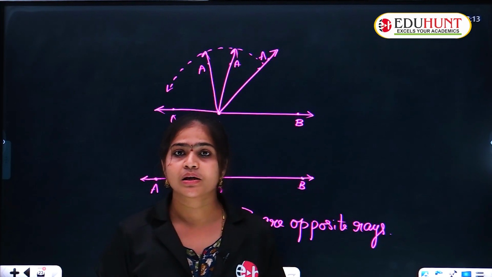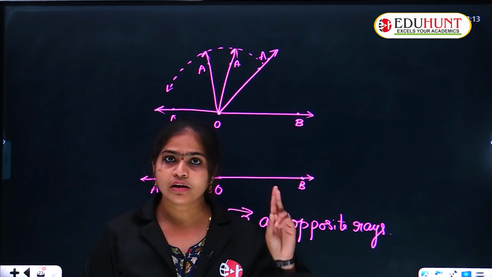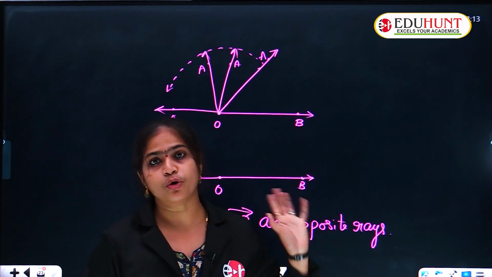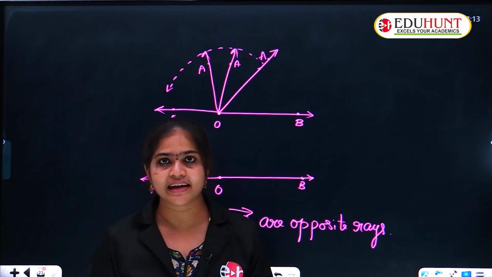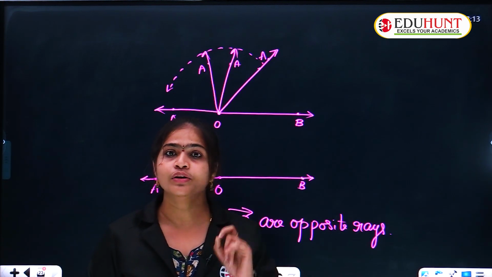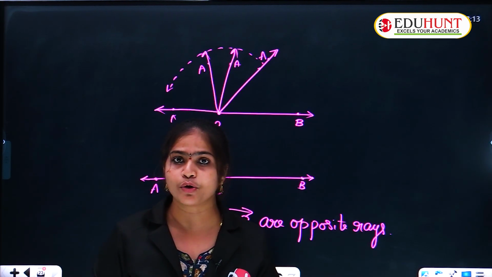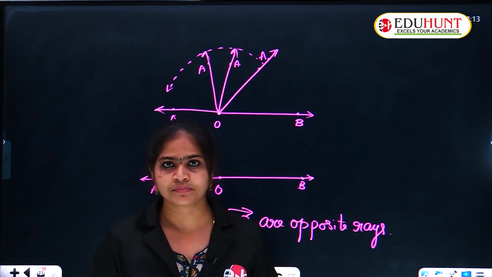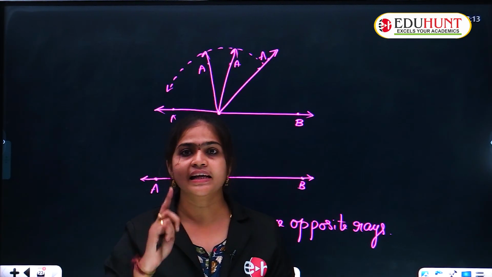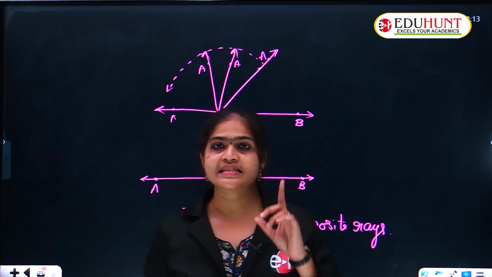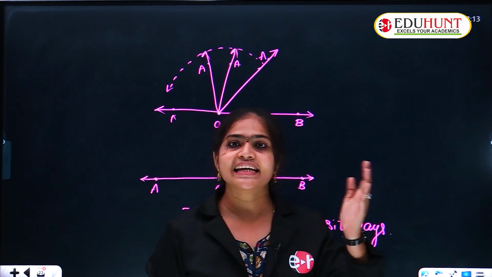See what about that angle. If two rays have a common point, then they form an angle. The union of two rays having a common point forms an angle. Understood? And in the same way, of the two rays, one is the initial ray, the fixed ray, and the other is the terminal ray.